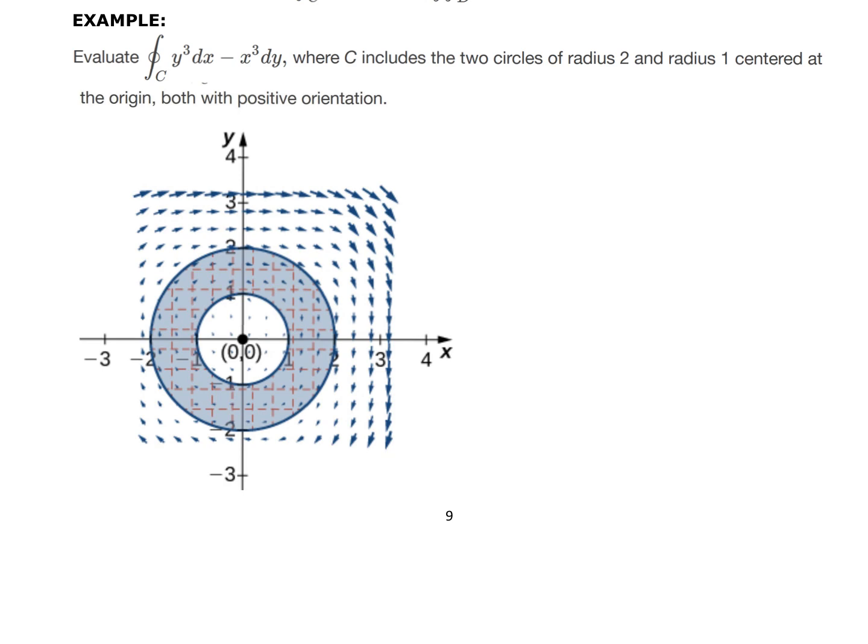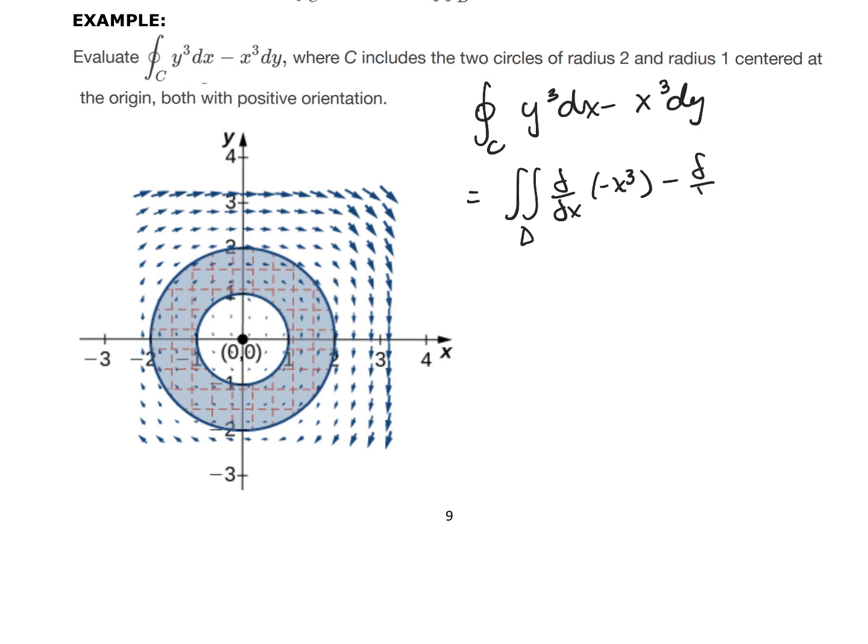All right. So the first thing we're going to do is set up our circulation over the curve C of y cubed dx minus x cubed dy. This is going to be equal to the double integral over the region D of the partial with respect to x of negative x cubed minus the partial with respect to y of y cubed dA.